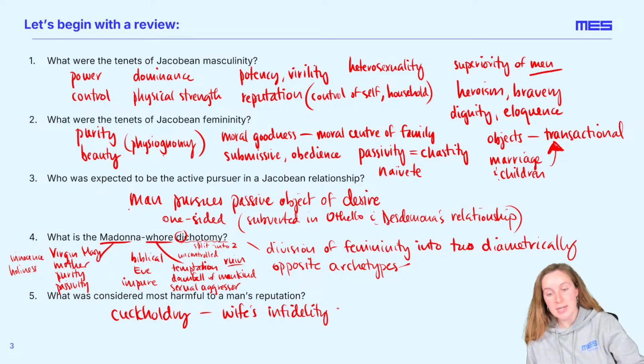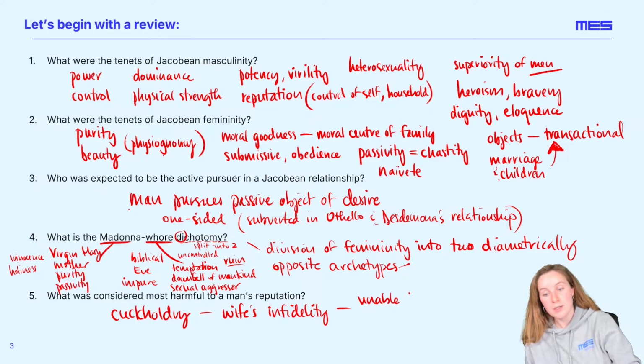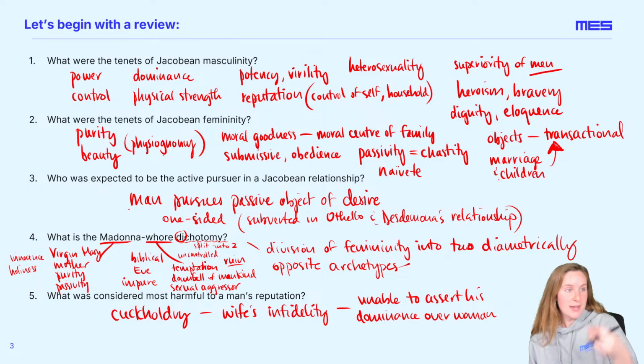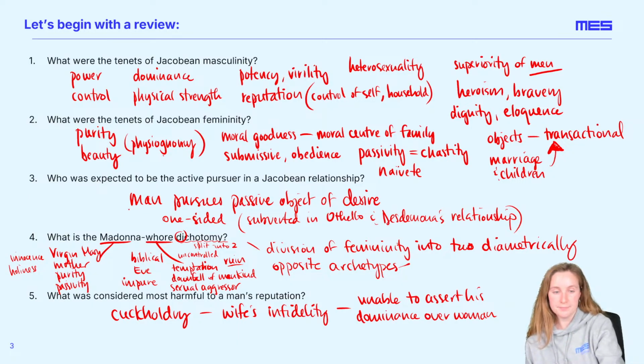Because it was seen as a man being unable to assert his dominance over a woman, or over his woman, it was viewed. And any house in which a woman was in control, a man was thought of as a cuckold, as someone who's not able to keep his place and keep control of what he's meant to.